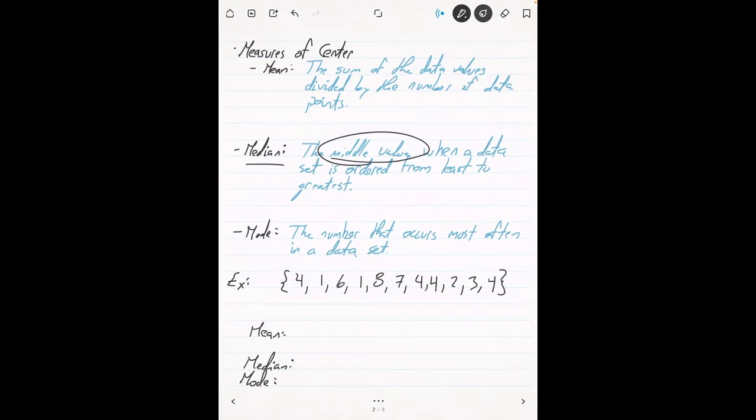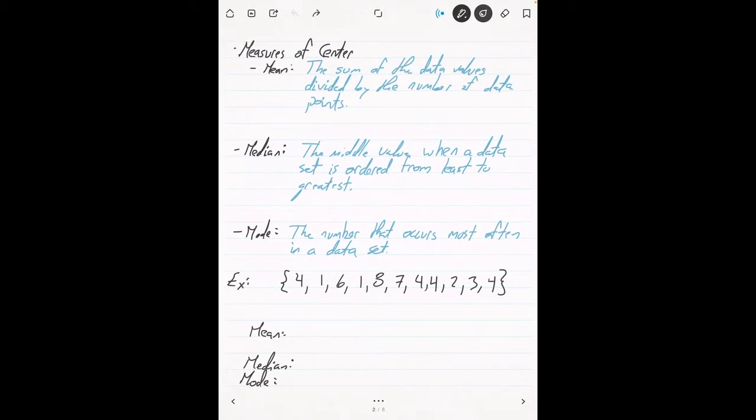The median is the middle value of a data set when you arrange it from least to greatest. Now, another term for average, and another way of measuring the central tendency, is the mode. The mode is when you take a data set, the most common number. It's the number that occurs most often in the data set.